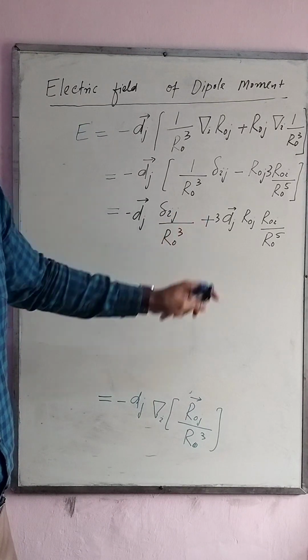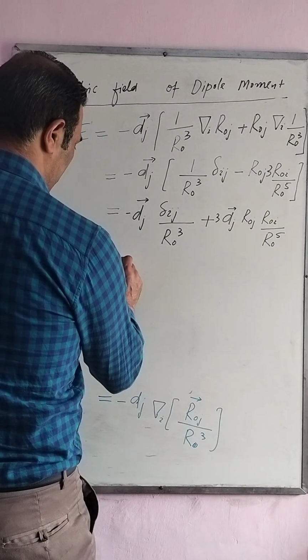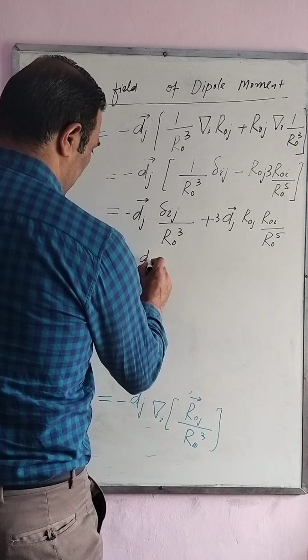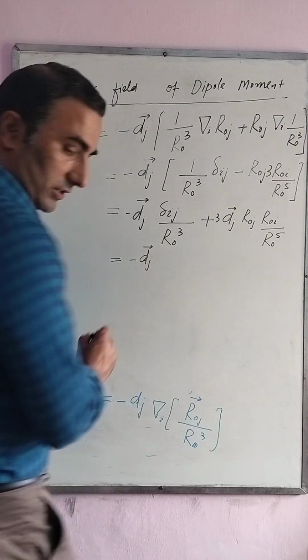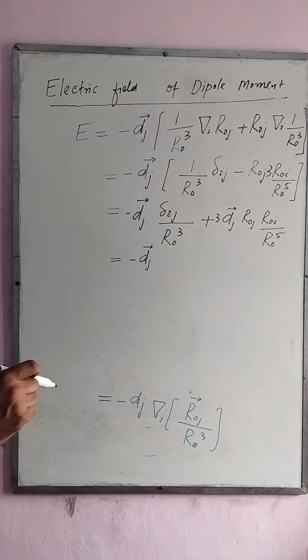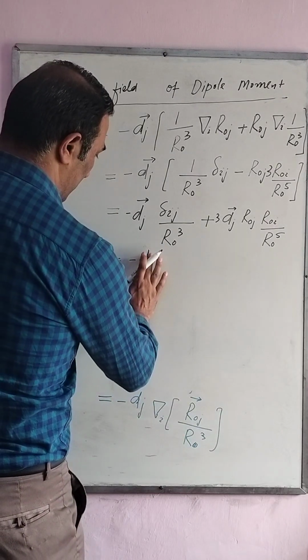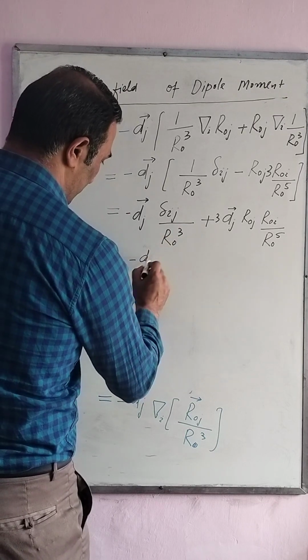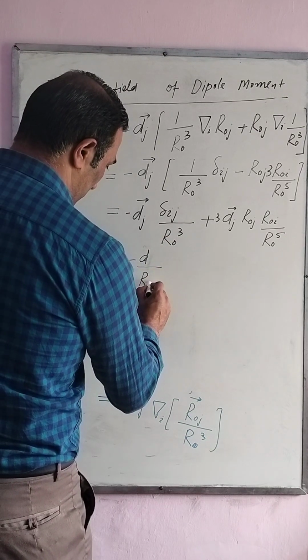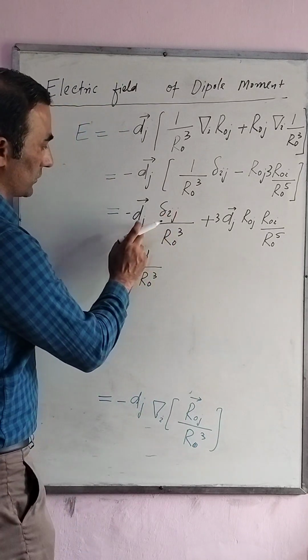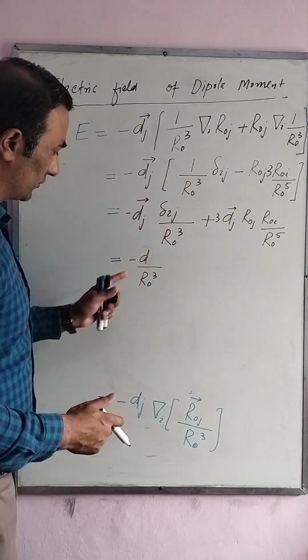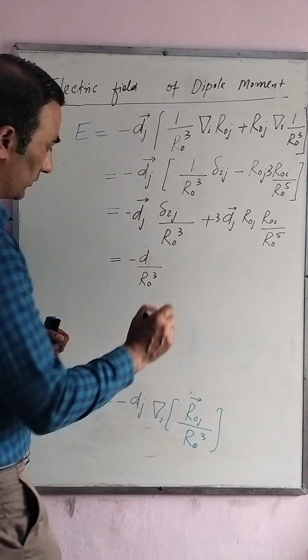This will be equal to 1. Okay, or you can write this as minus dj, or you can write minus d, because i equal to j, you can write di also, d by r naught. Because in i equal to j, so this is di, you can write simply d by r naught.